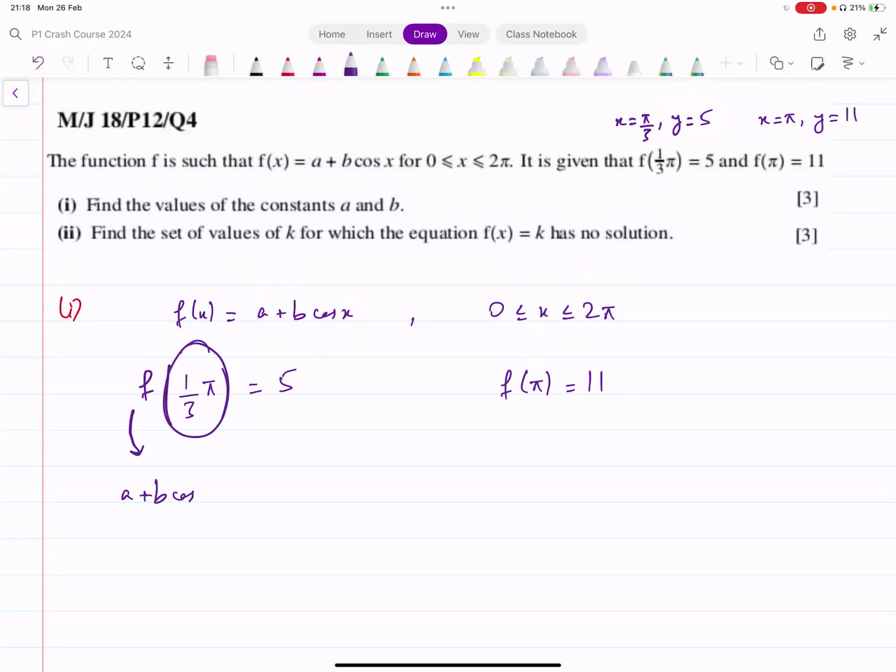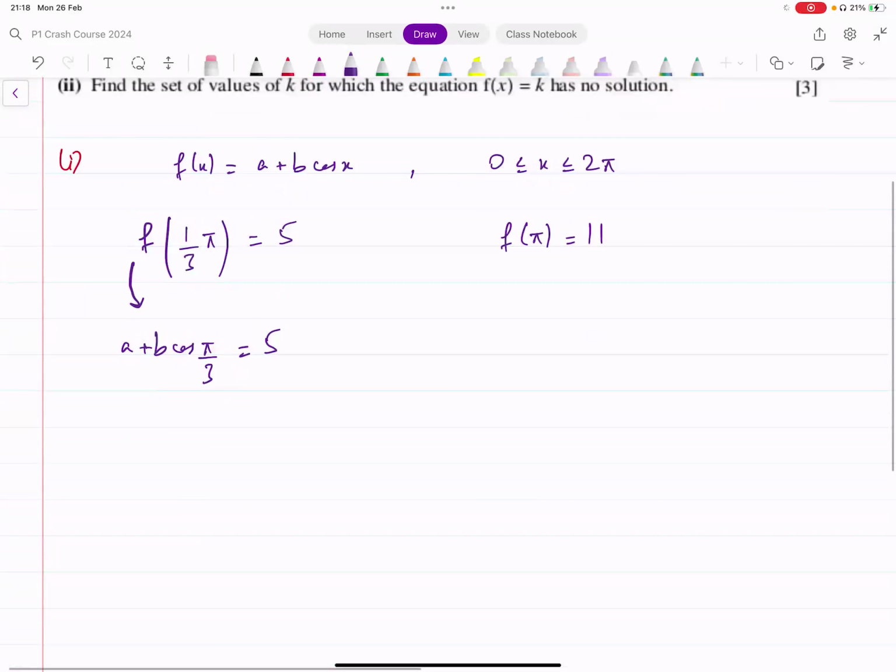Replace x with pi over 3. That is equal to 5. Okay, I think that might make more sense to you. So in place of f of pi over 3, I just put this thing where I replaced x with pi over 3, and that result should be equal to 5. That's one equation that I have.